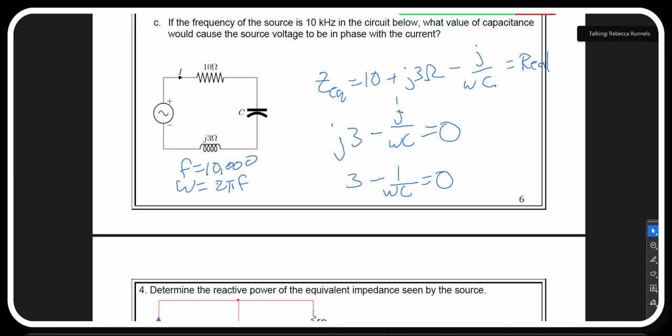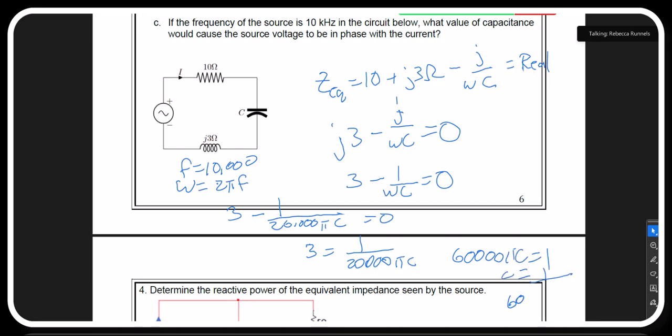So it's 3 minus 1 over 20,000 pi times C equals 0, or 3 equals 1 over 20,000 pi C, or 60,000 pi C equals 1, or C equals 1 over 60,000 pi.